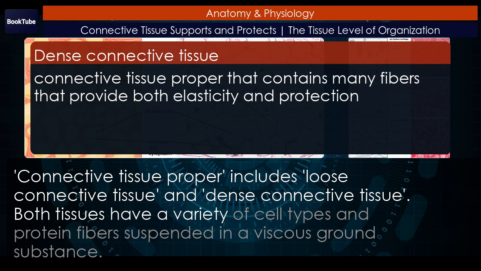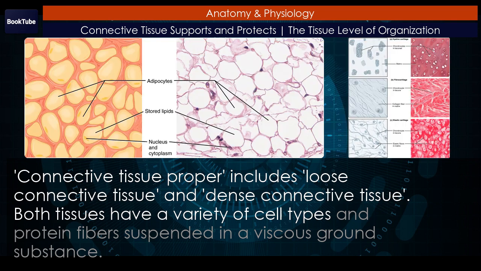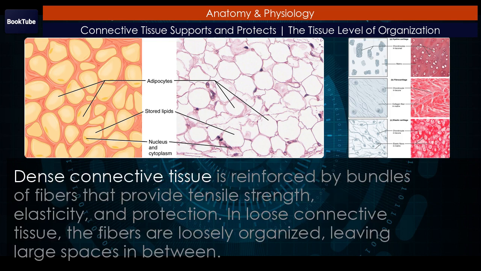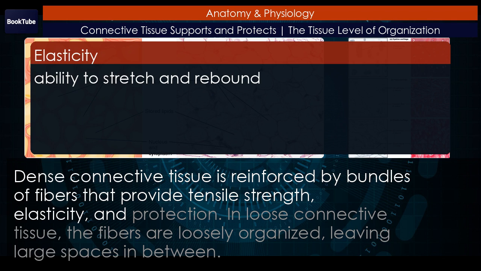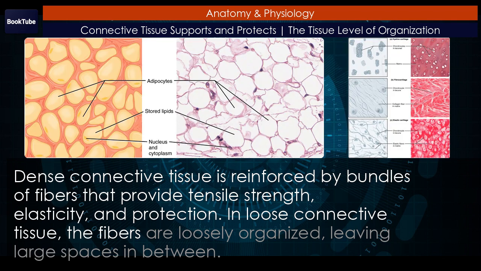Both tissues have a variety of cell types and protein fibers suspended in a viscous ground substance. Dense connective tissue is reinforced by bundles of fibers that provide tensile strength, elasticity, and protection. In loose connective tissue, the fibers are loosely organized, leaving large spaces in between.